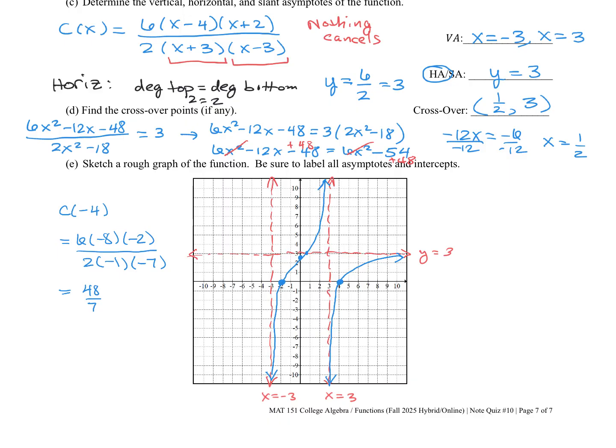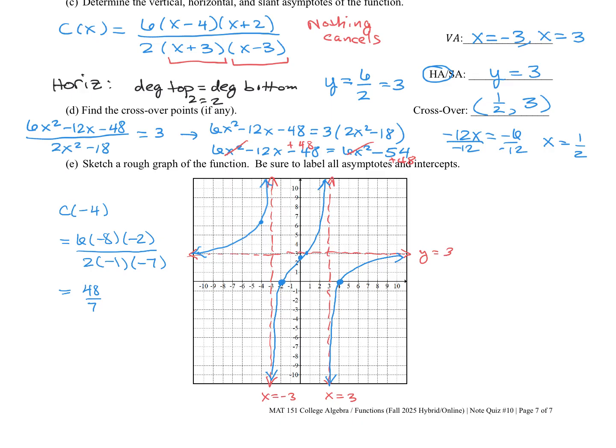So that's going to put us right there. Remember again, you can't cross the vertical asymptote, and we can't cross the horizontal asymptote either, because we already found the one crossover point. So the last part of the graph must look like this. And so that is a complete graph of our rational function.